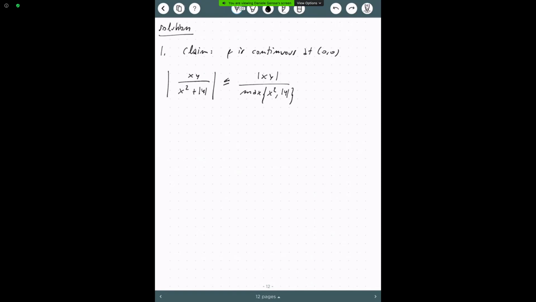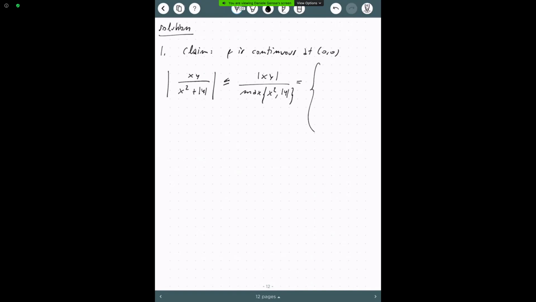So now, in some sense, one would like to see the two different cases, right?